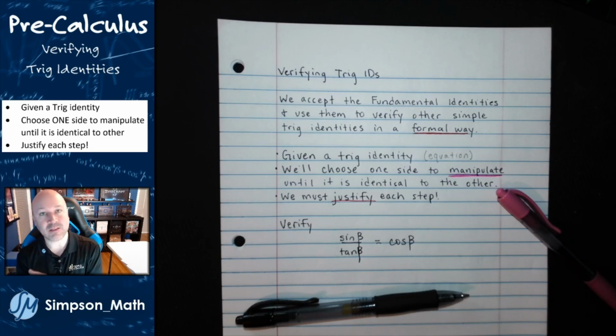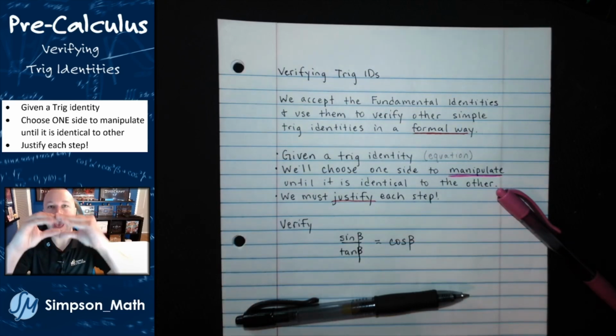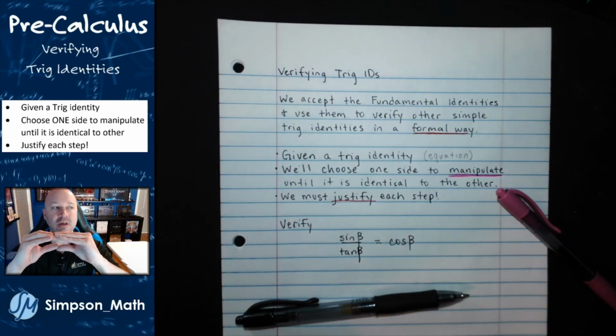I'll talk about manipulating the other side of the equation in an off to the side type setting, but in our formal write-up, I cannot touch one side of the equation. All right. Then, as we move along, we're going to be manipulating one step at a time.